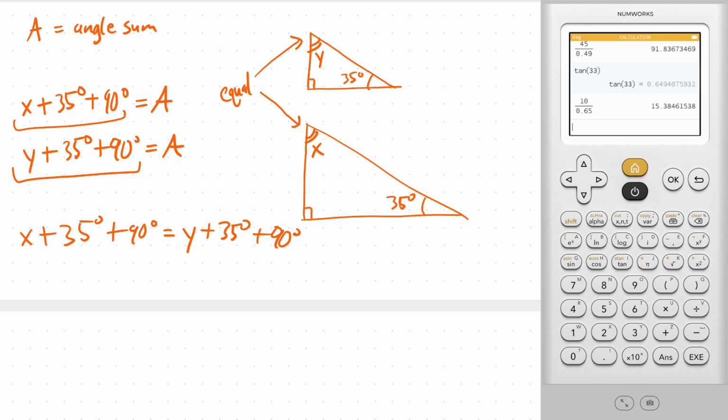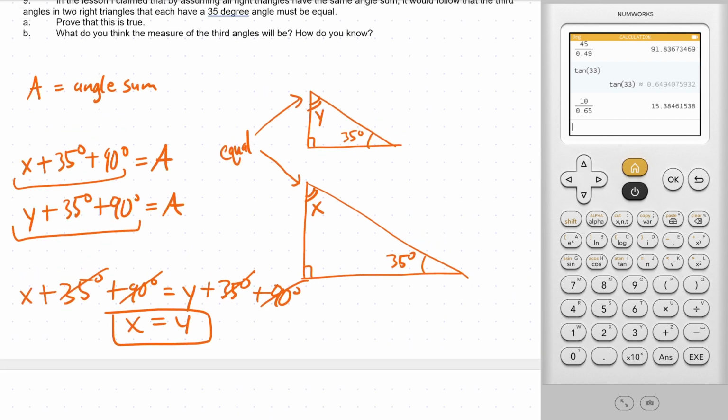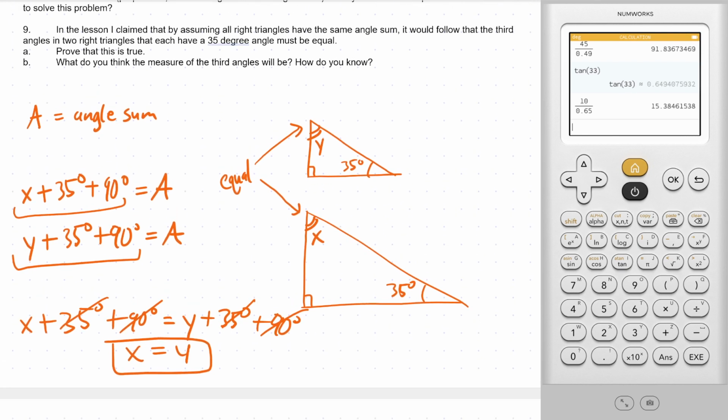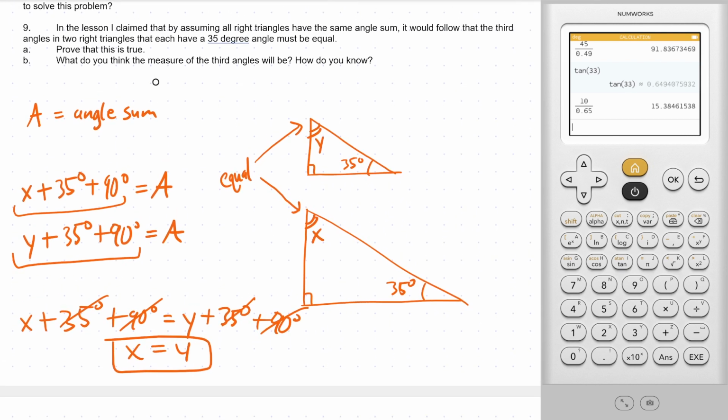Well, 35s cancel out, 90s cancel out, and I'm left with x equals y. So there we go. That is my argument, my proof, basically. Not that I've written out all the steps, but that's my proof for why those two remaining angles have to be equal. What do you think the measure of the third angles will be?